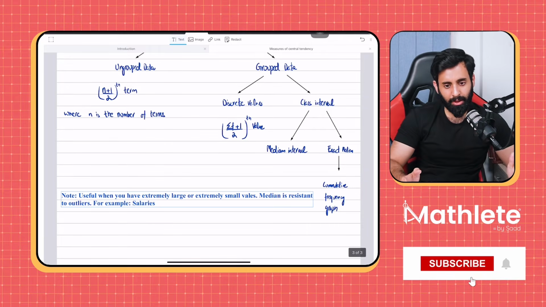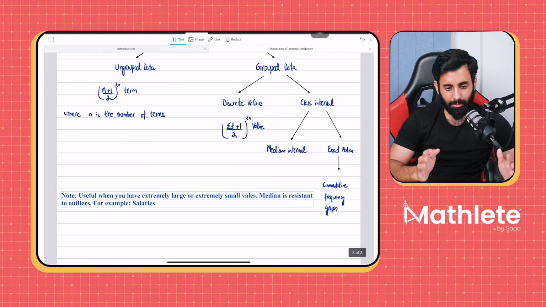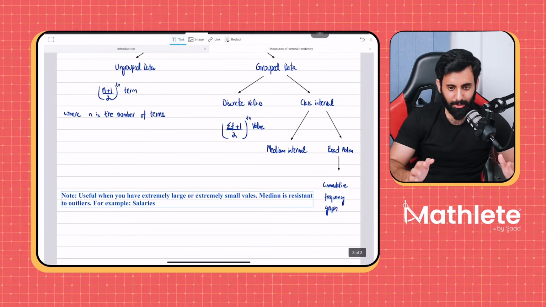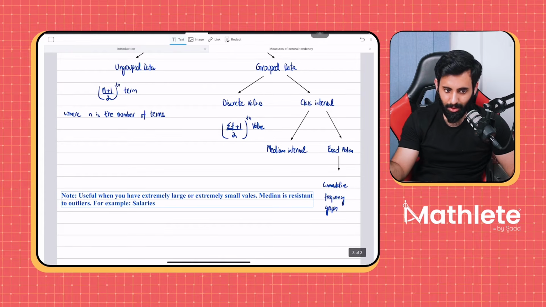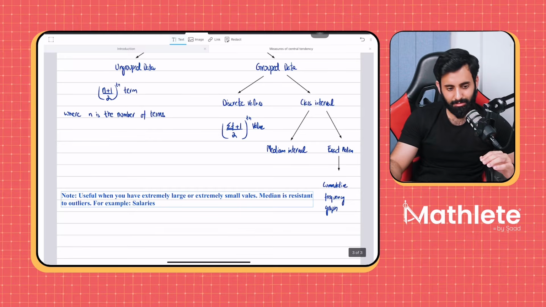So what do they do? They exclude them from the data set, and then they look at where the majority of the data lies, and based on those scores, they calculate the threshold. That's how a threshold works. It's not that they take all the scores into consideration, divide by the number of students and then set a threshold.